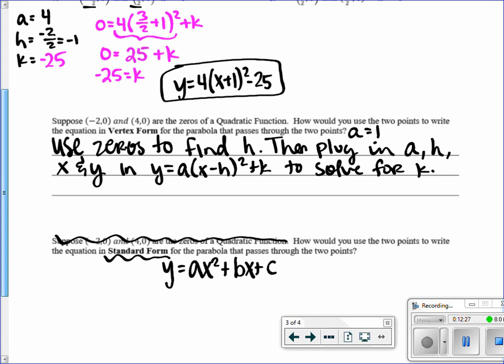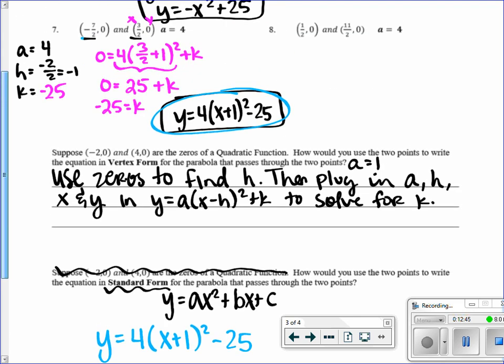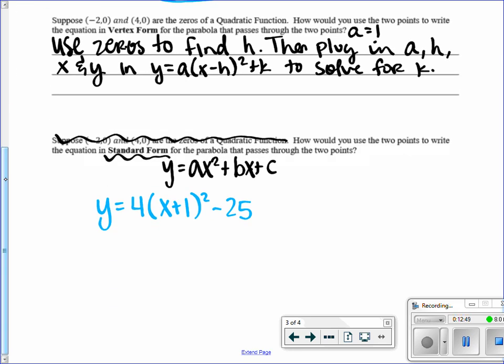So we're going to use this equation. So I'm going to copy it down below. So we just did all of the steps to get it into vertex form. We would still have to do that if we were given this information. But now we want to go from vertex form to standard form.